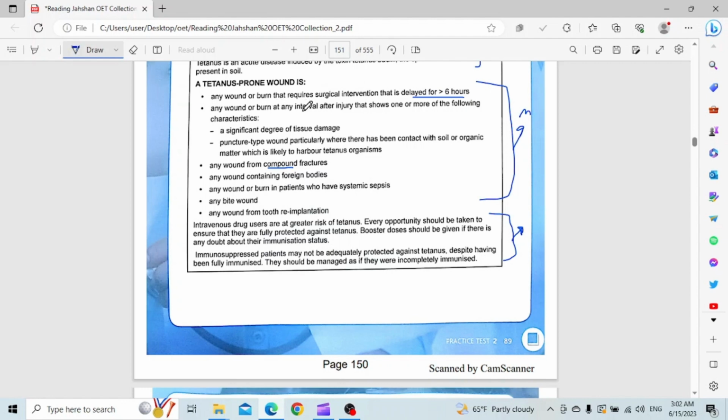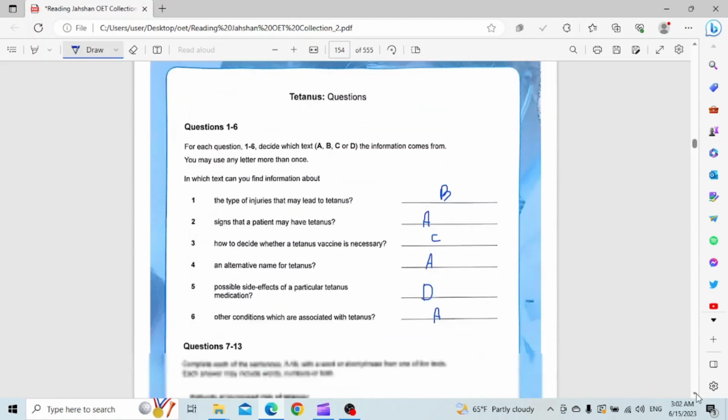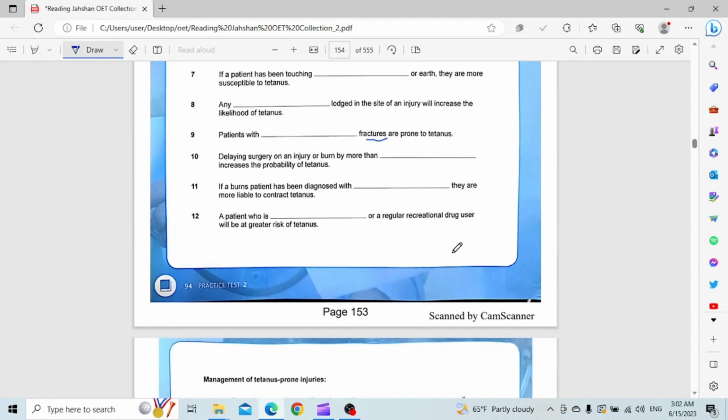Okay, let's see. Significant degree, no, it's not in here. This is about compound. This is about foreign. Okay, let's see. Patients who have systemic sepsis. So my answer would be systemic sepsis. Whoever has been diagnosed with systemic sepsis will have a higher chance of getting tetanus.